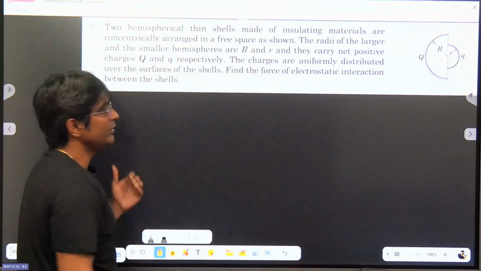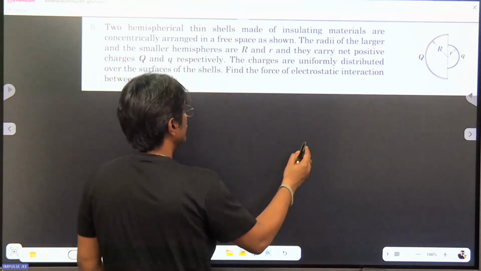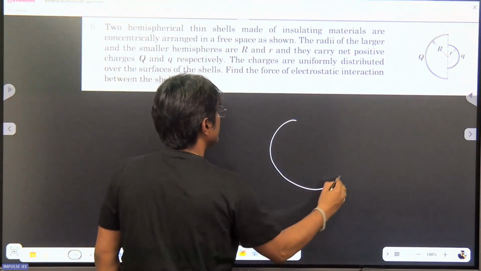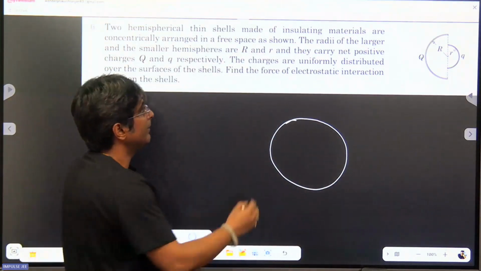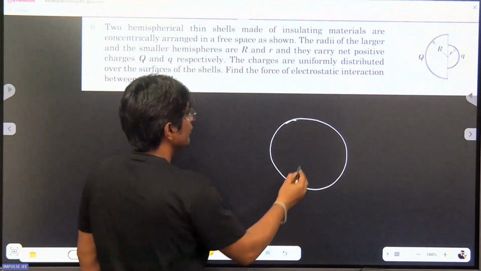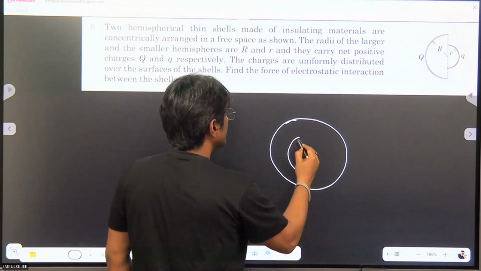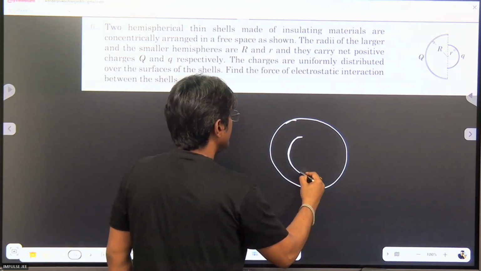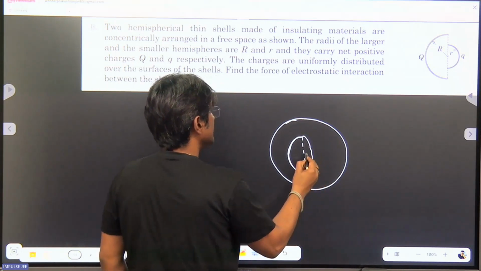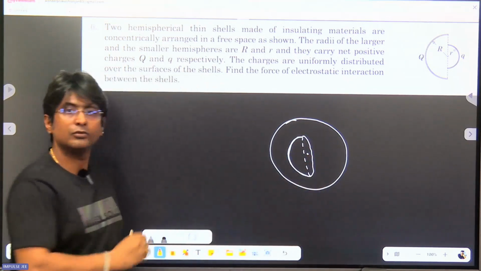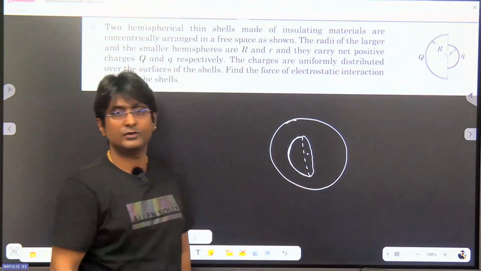So we can assume that there is a complete sphere in which, if you keep any charged conductor inside, placed concentrically, then the net force would be 0.